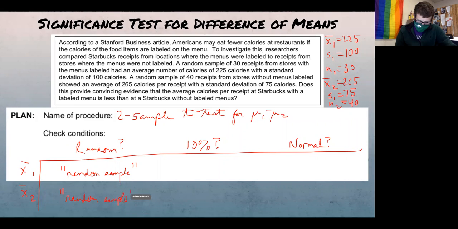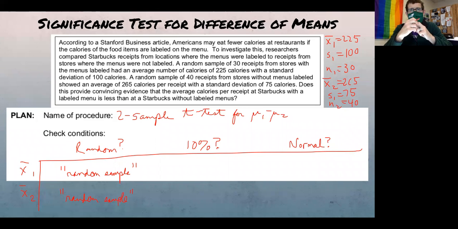10%. You have to think for each sample, what's the population? And are we less than 10% of the population that it represents? I know what I'm trying to say.